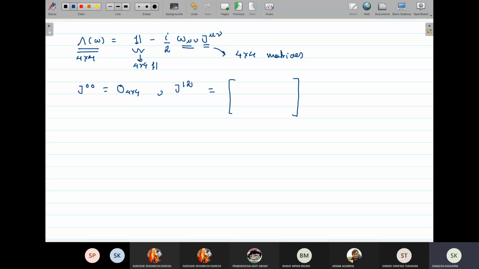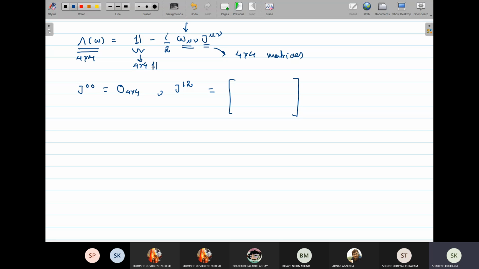Clear? So this is a 4 cross 4 matrix because the Lorentz transformation on your coordinates is given by a 4 cross 4 matrix. I am looking at its infinitesimal version, so that will be clear from this omega.